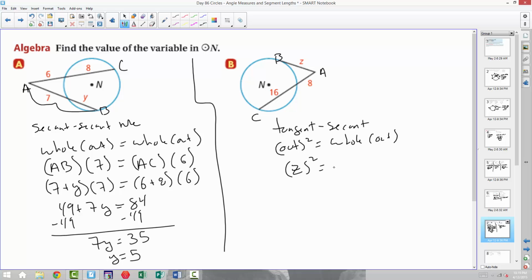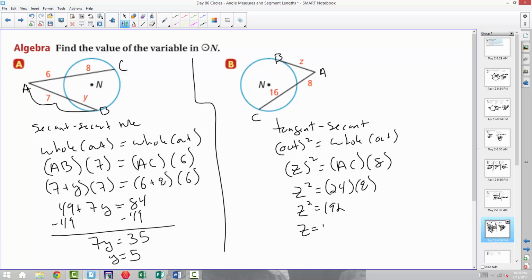The whole part of the secant is AC, times the outside part, which is 8. So I have z squared equals AC is 8 plus 16, so 8 plus 16 is 24 times 8 is 192. So I have z squared equals 192.